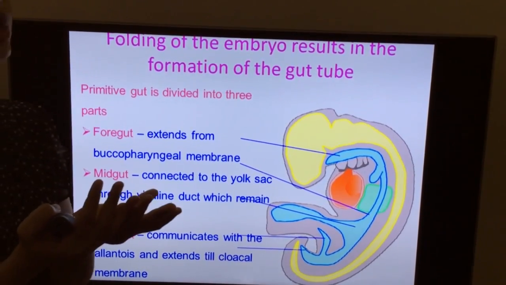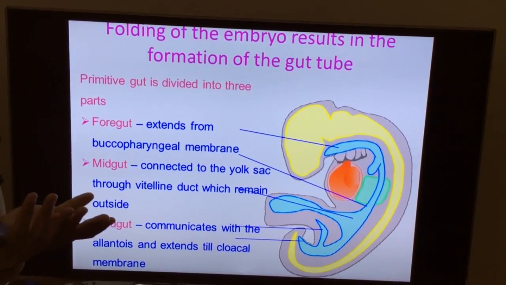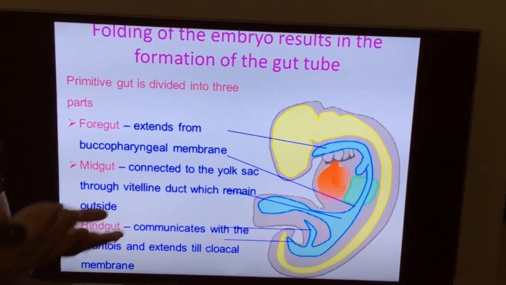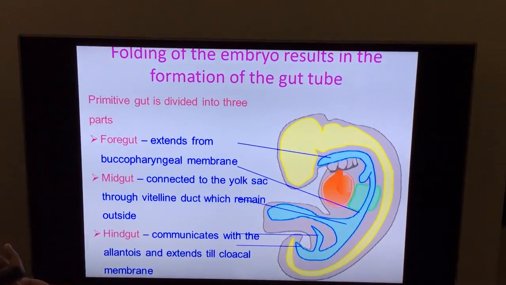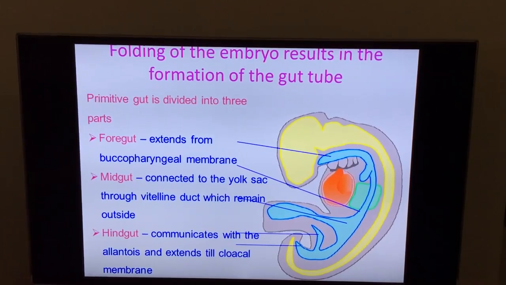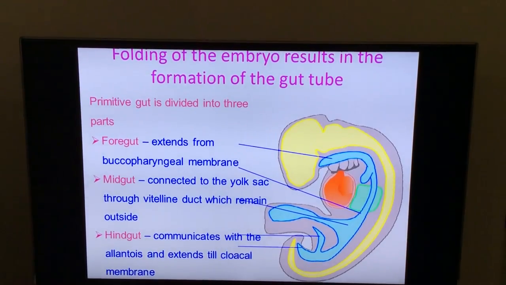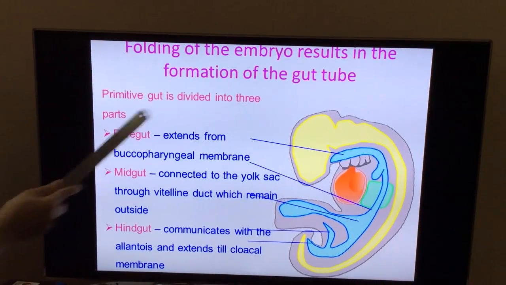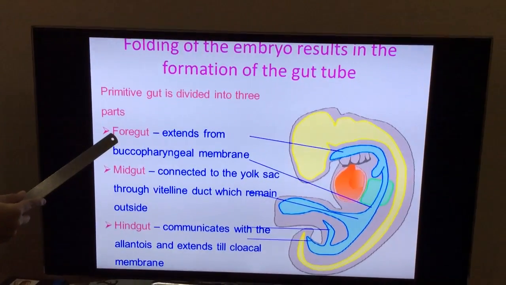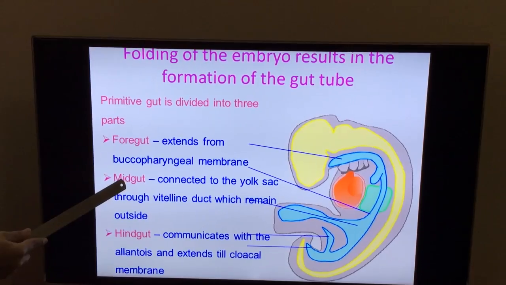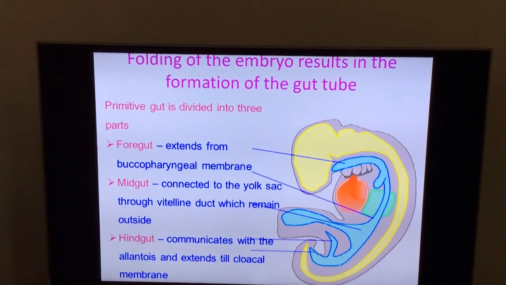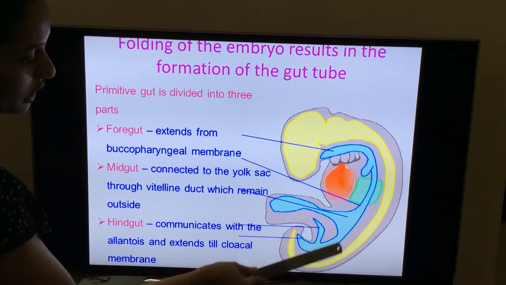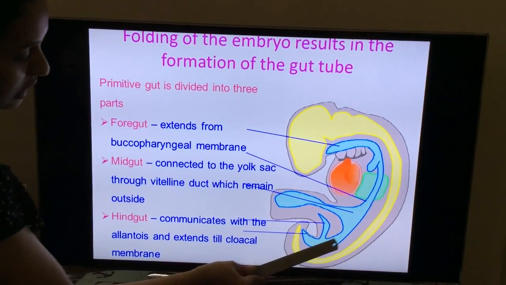So they form an endodermal tube, which is a primordium that gives rise to the different structures of the gut. After the folding, the gut tube is divided into three parts. The upper part is called the foregut, then the midgut and the hindgut. This is the foregut. Then the below part is the hindgut.